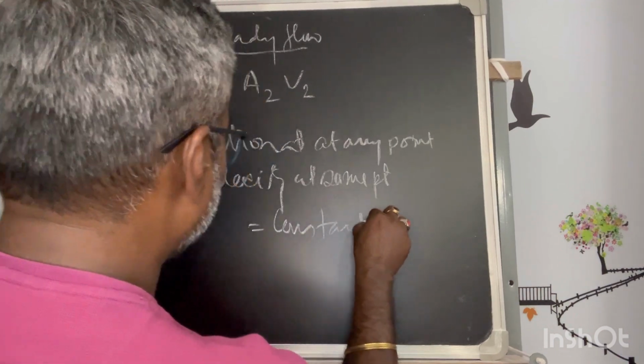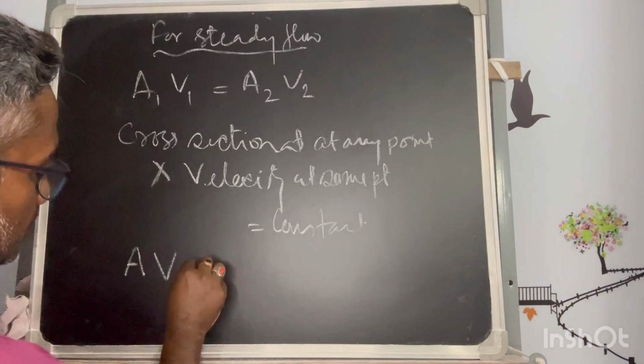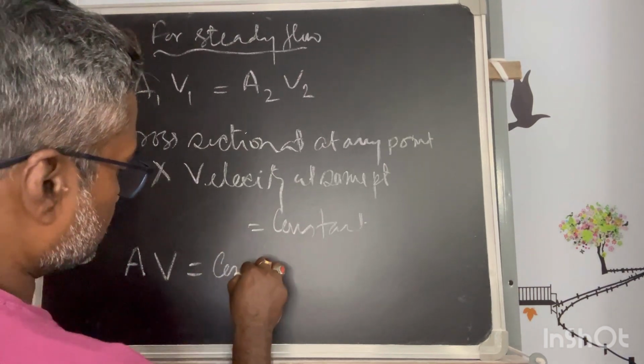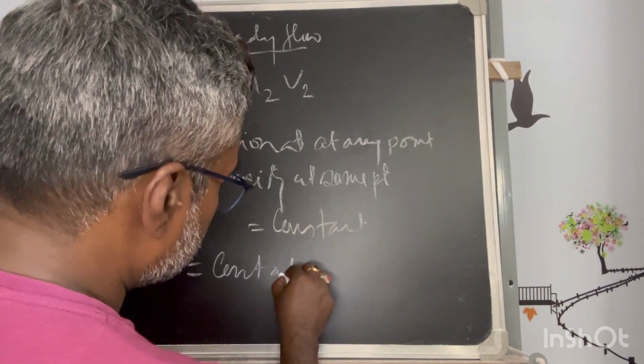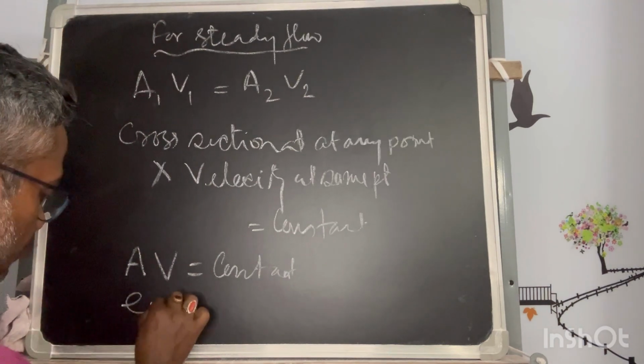So if I say the cross section at any point into the velocity at that point is constant, this equation is called the equation of continuity.